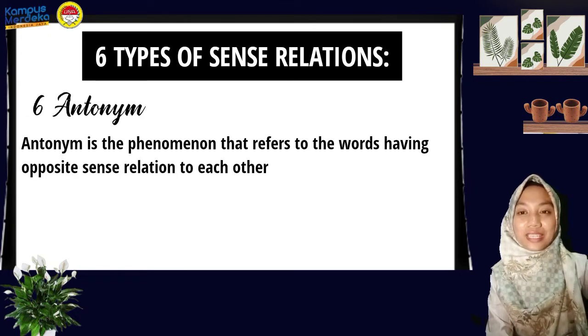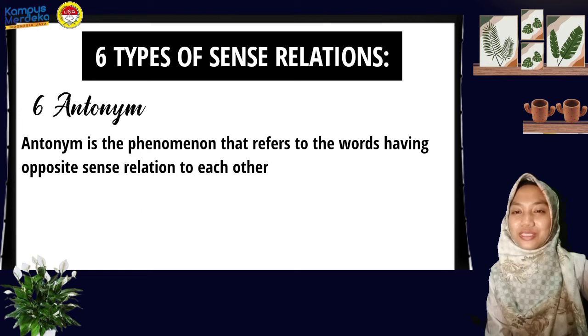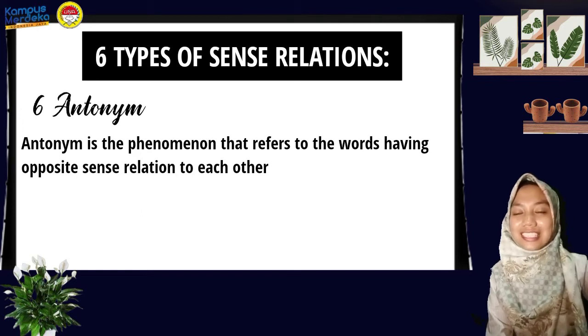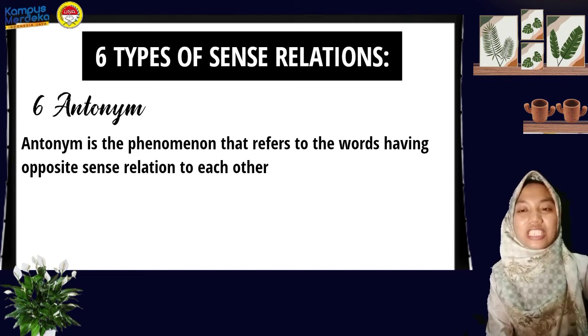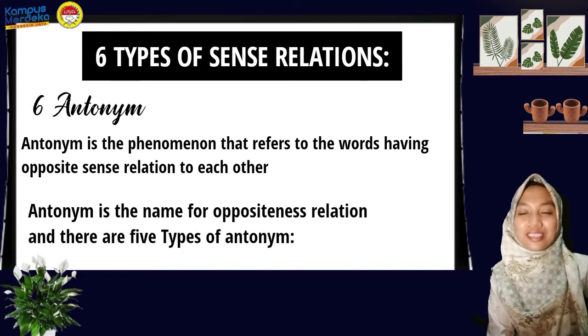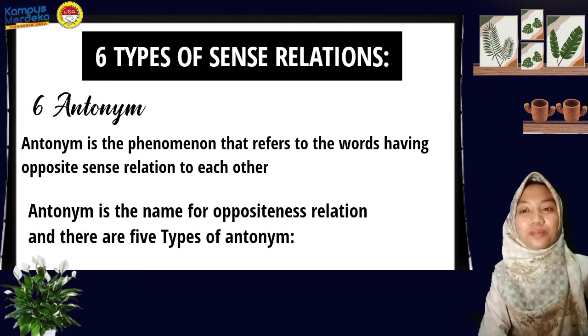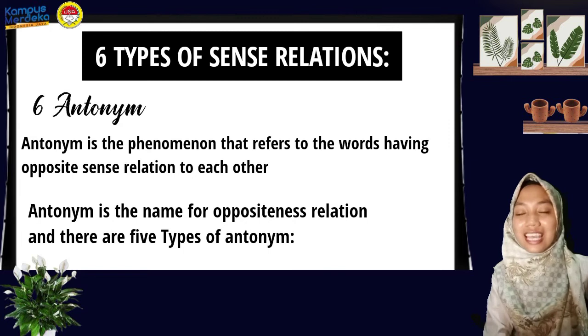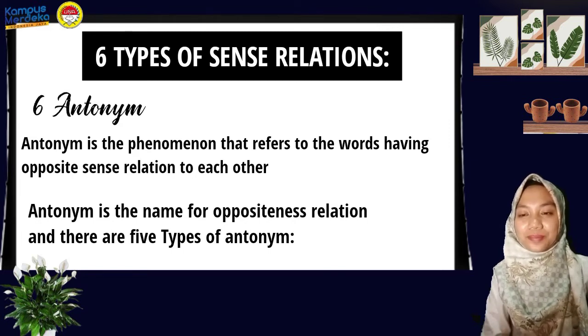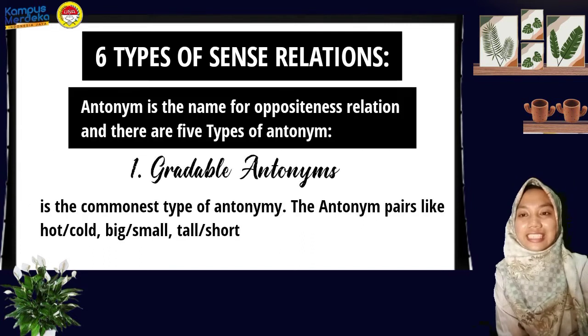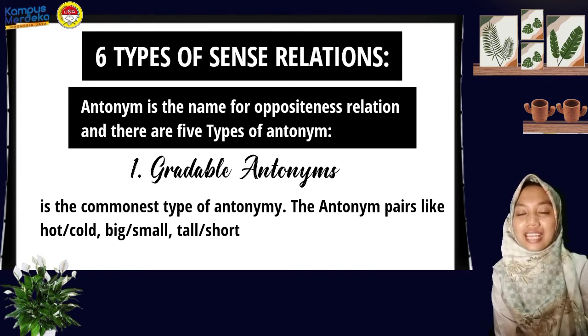Antonym is the phenomenon that refers to words having opposite sense relations to each other. Antonym is the name for oppositeness relations, and there are 5 types of antonym. The first is the gradable antonym. Gradable antonym is the commonest type of antonym.